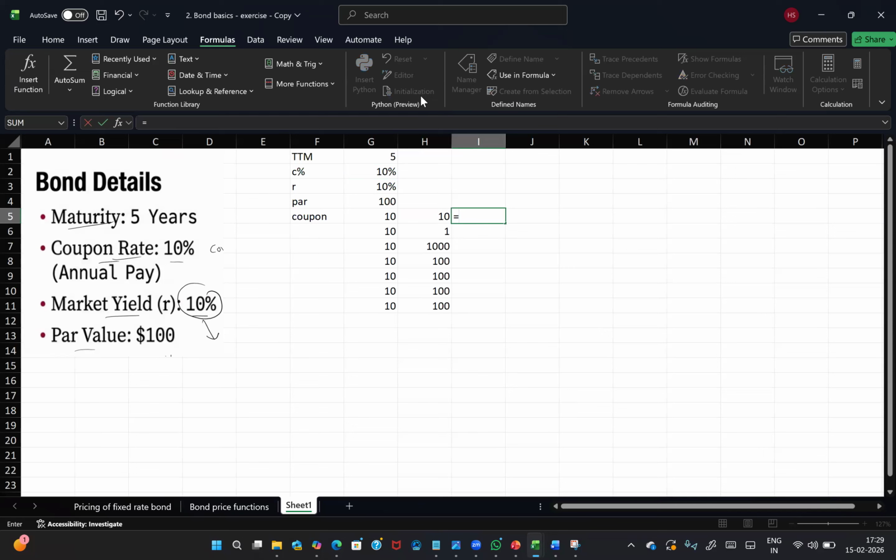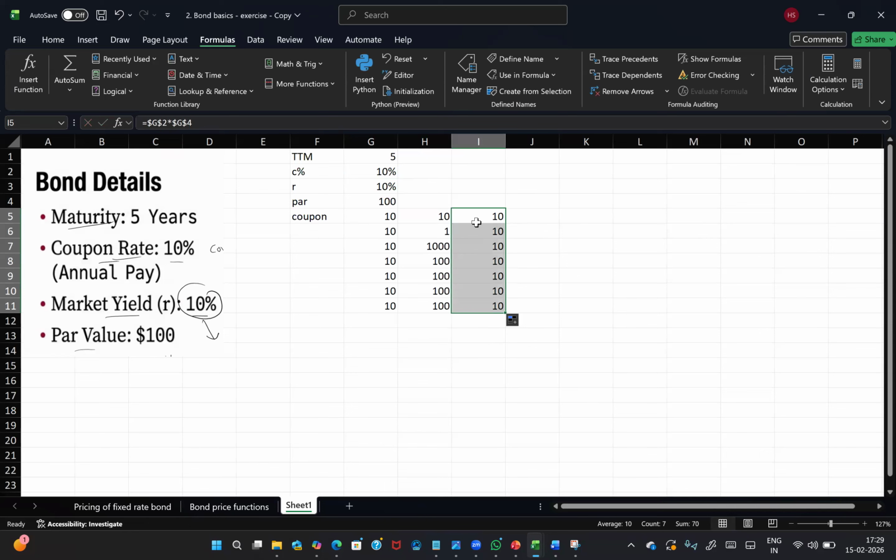Typically when I don't use names, I'll have to do this. I write this, freeze the reference to G2 by putting a dollar in front of both G and 2, then multiply by G4 and freeze that cell. And then if I drag it, it will not change. It will remain at 10.